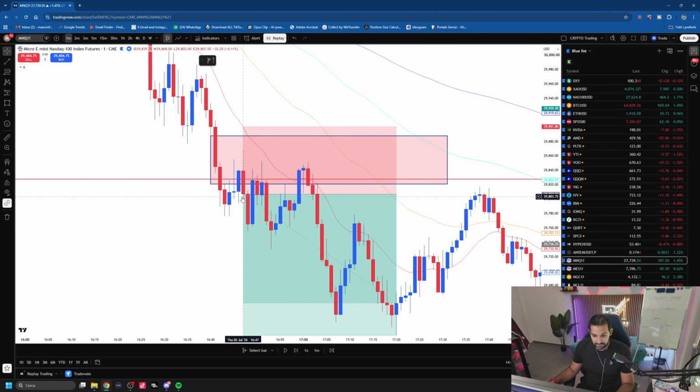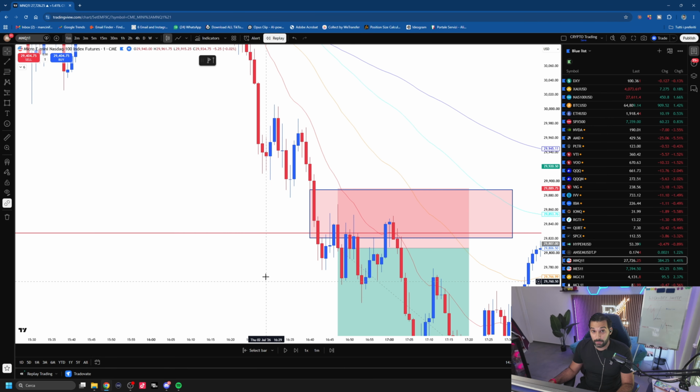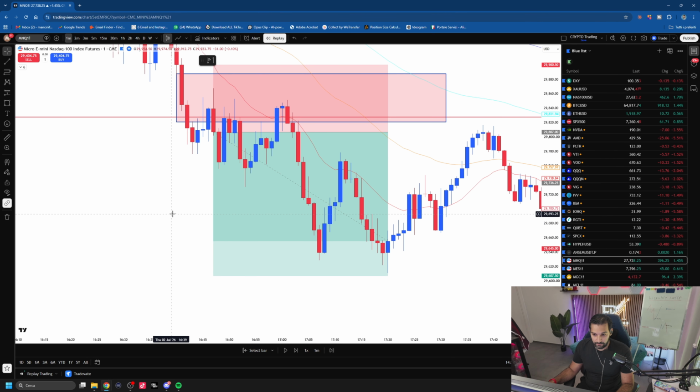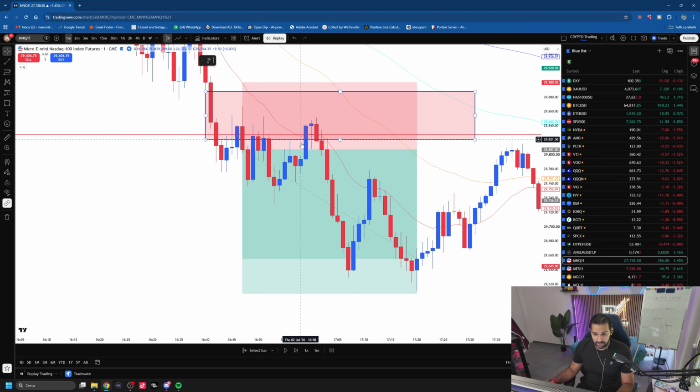It gets rejected. So as soon as I see this rejection on the 1 minute, okay, for me, potentially, I could take a trade. And my stop loss most likely will go above the body of the candle that created this FVG. So in this case, my stop will be right there, okay? And as soon as I enter, there's a little bit of noise.